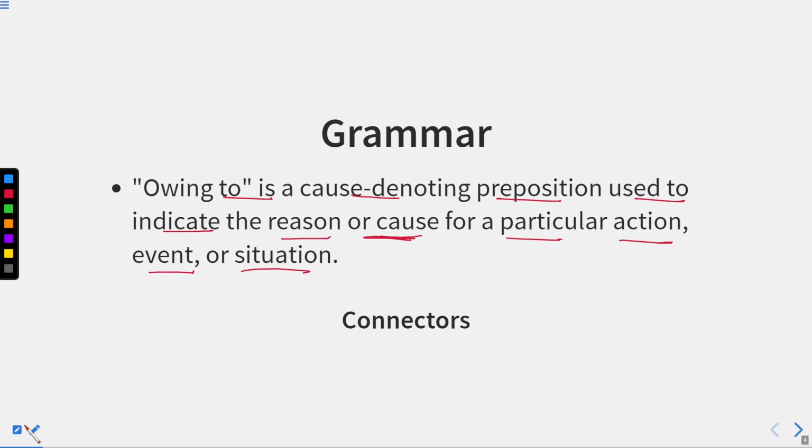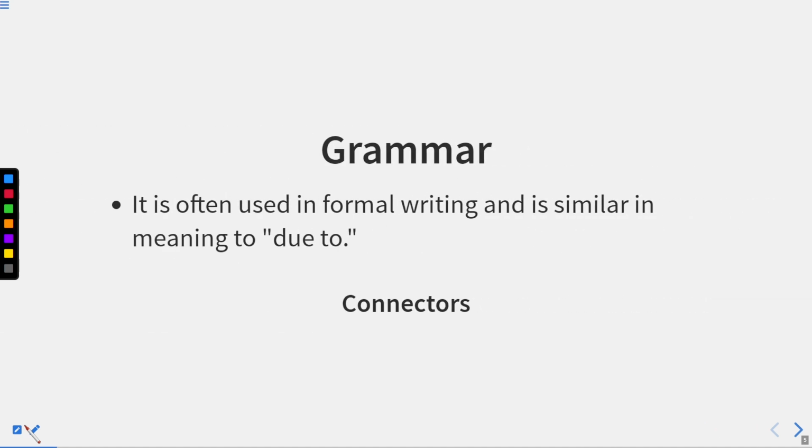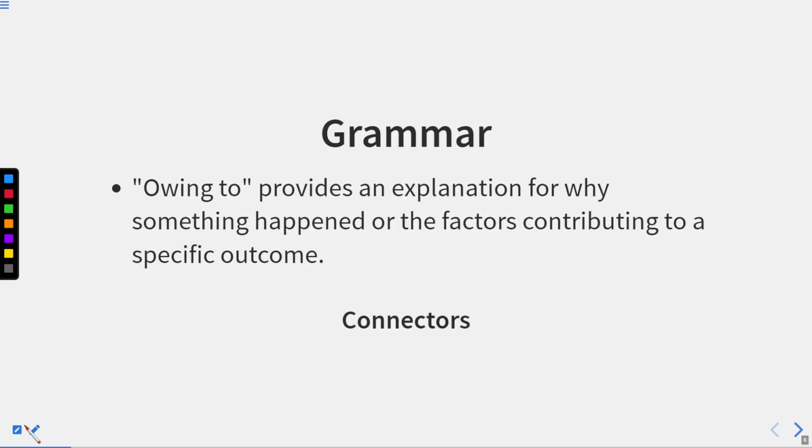It is often used in formal writing and is similar in meaning to due to. So this is just like due to and because of that we have read earlier, though this is used more in formal writing, so it can be substituted with due to. Owing to provides an explanation for why something happened, or the factors contributing to a specific outcome.